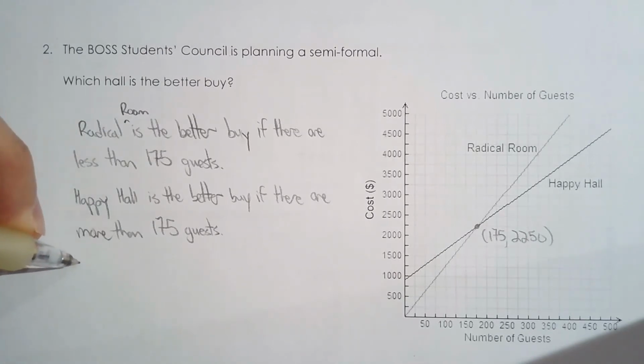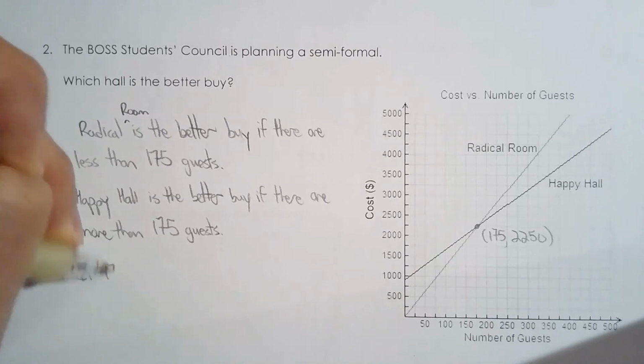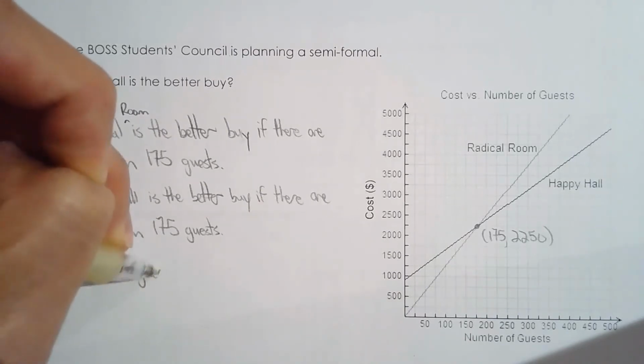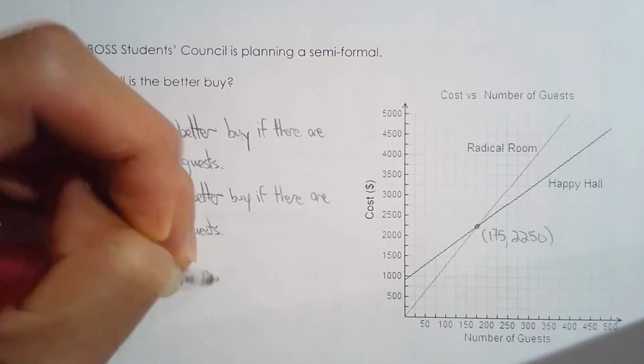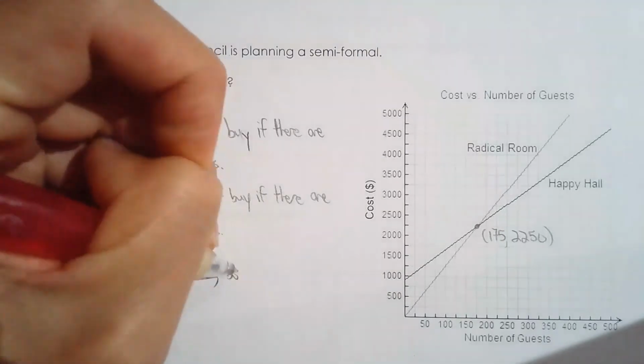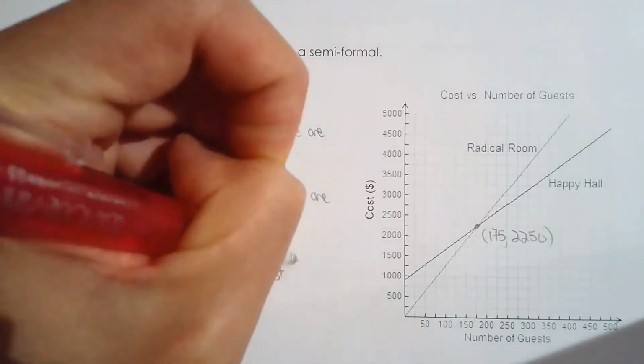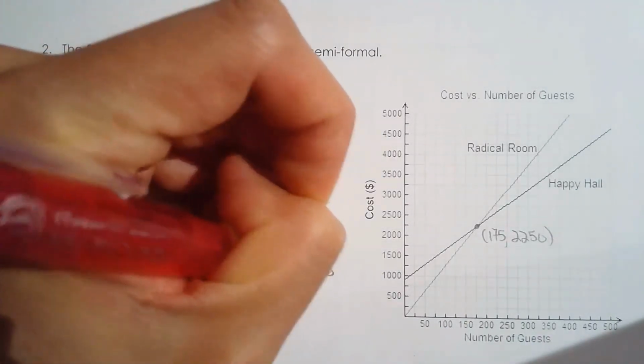So if 175 guests come, both cost $2,250.